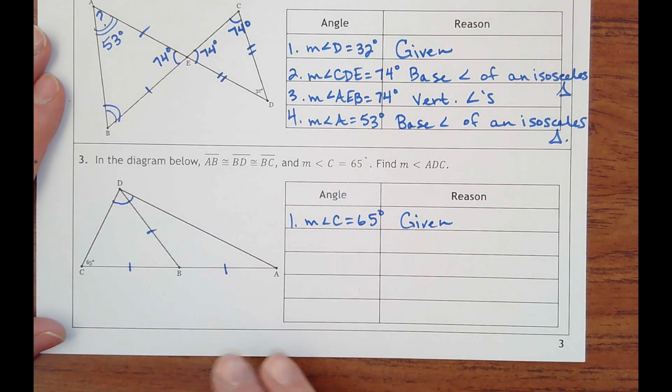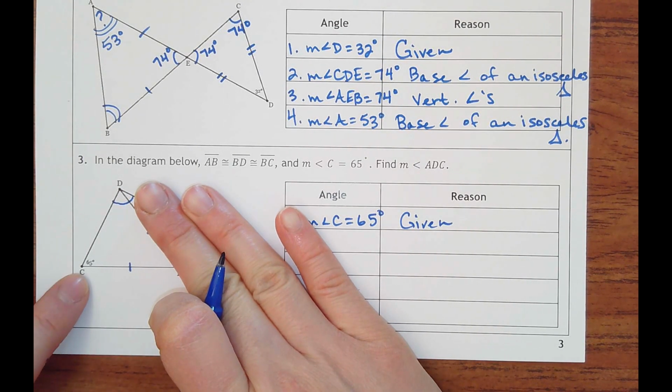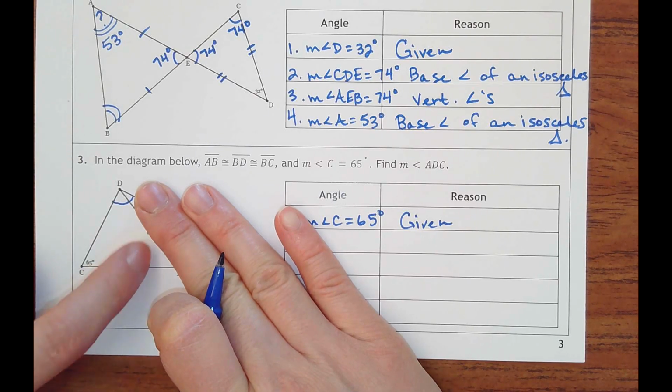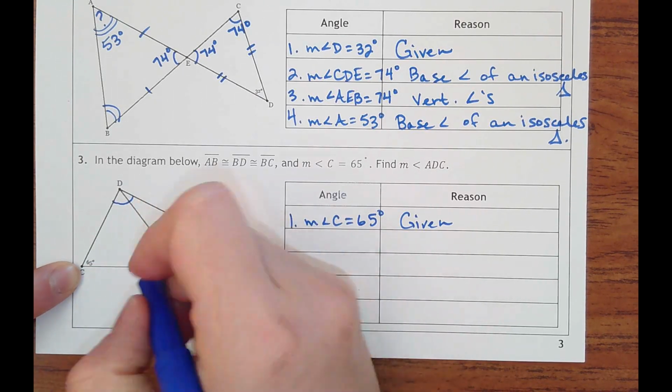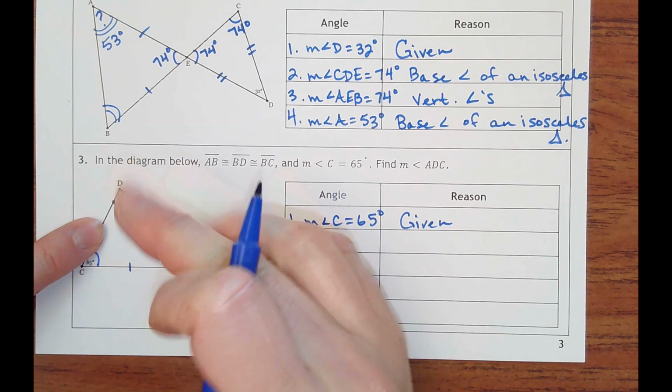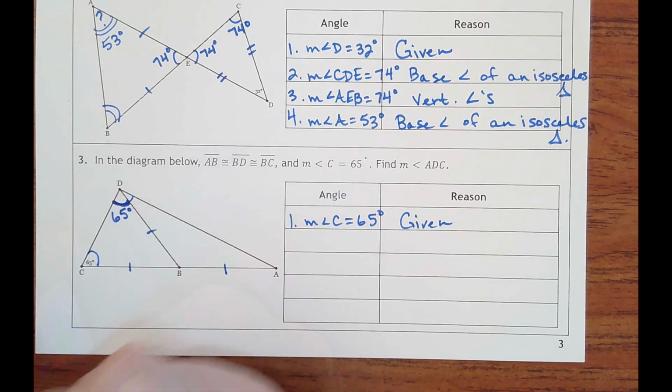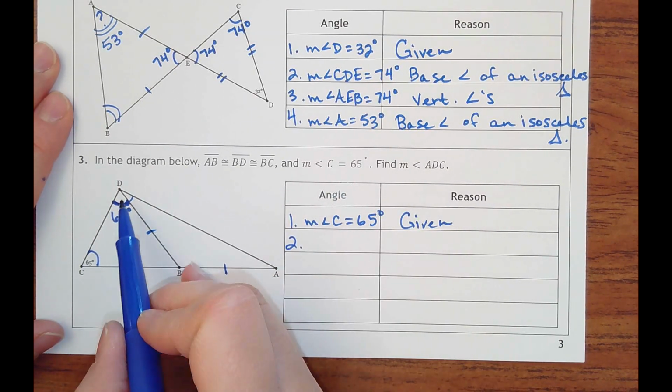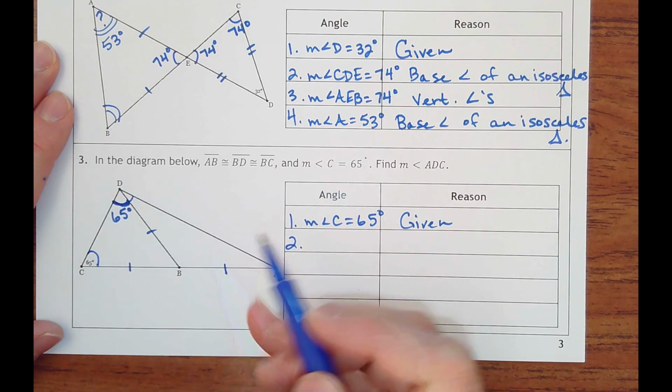The next thing I'm thinking is in this triangle, this is isosceles, so these would be the same here. So that must be 65 degrees. So I'll put that next. I can't just call it angle D, I'll call it CDB.